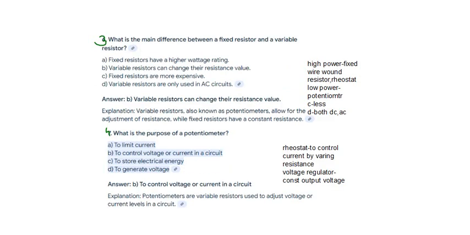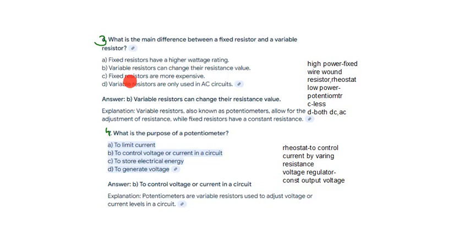What is question number 3? What is the main difference between a fixed resistor and a variable resistor? Fixed resistors have a higher voltage rating. Not true, both fixed and variable have a higher voltage rating. Variable resistors can change their internal resistance. True.